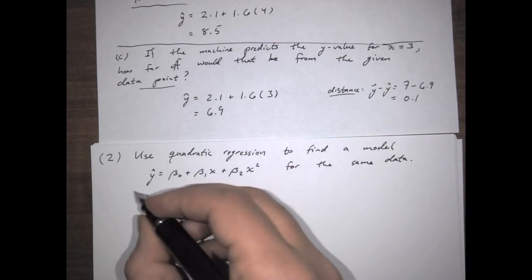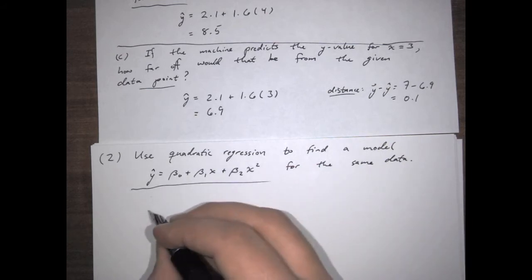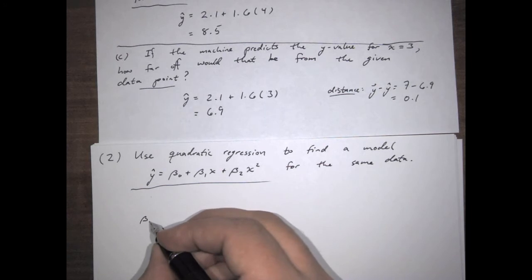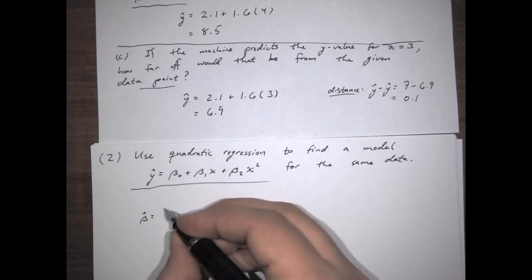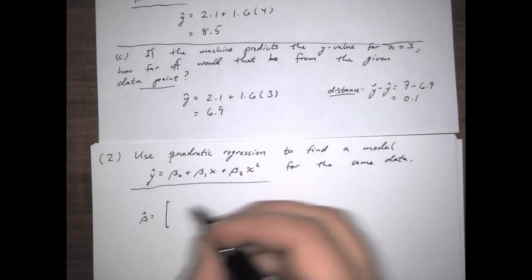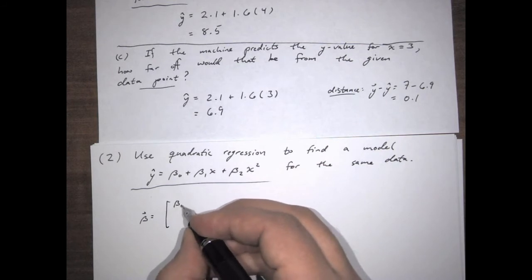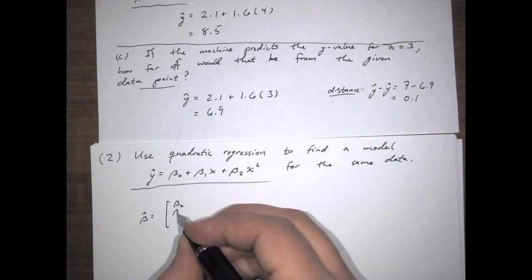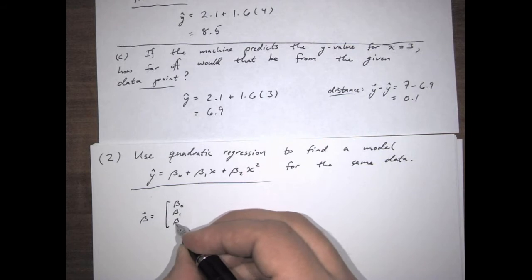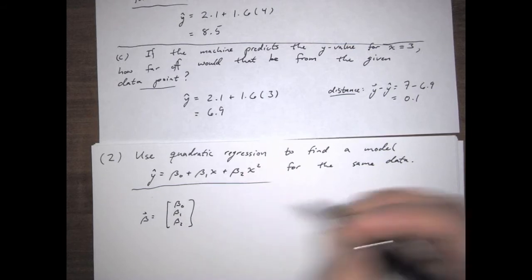Okay, now some things will be the same, some things will be different. In particular, the parameter matrix, now we have three parameters to fill in. We have beta naught, beta 1, and beta 2. And that's what we're here to find.